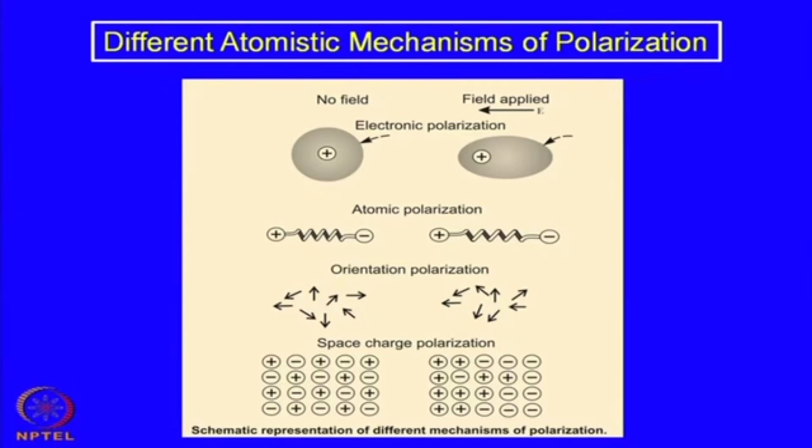So, the center of positive charge and the center of negative charge must not coincide. Initially in a solid or a liquid, the center of positive charge and the center of negative charge normally coincide, and therefore, there is no net distance of separation.